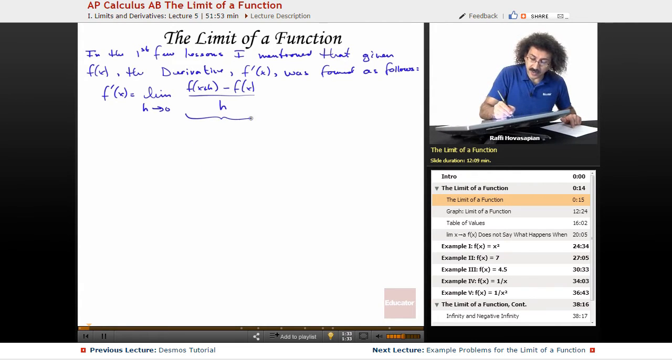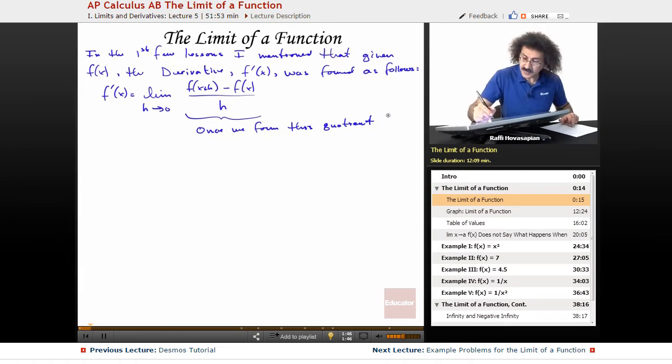Once we form this quotient and simplify it algebraically, we get some function.